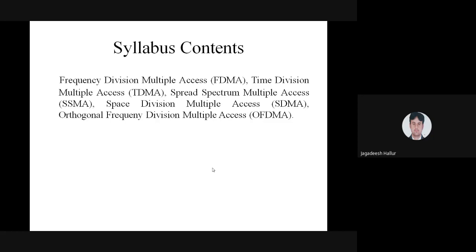In time division multiple access, a specific time is allocated instead of frequency and code. And in code division multiple access, a specific code is allocated instead of frequency and time. That is spread spectrum multiple access.